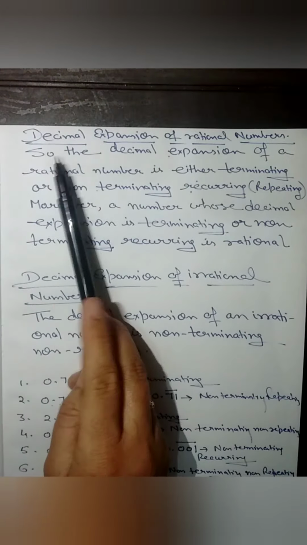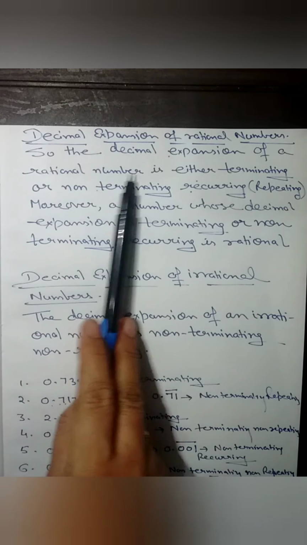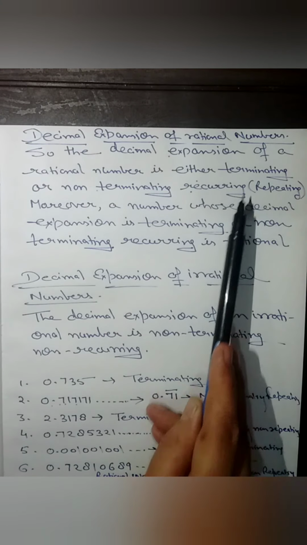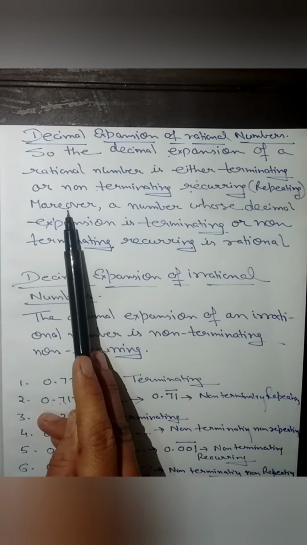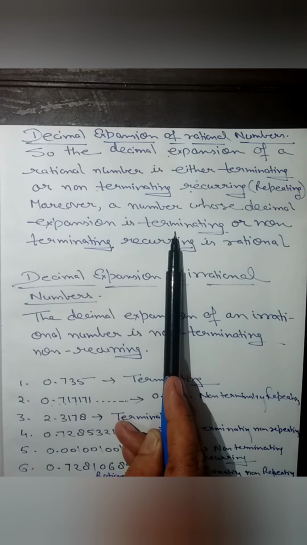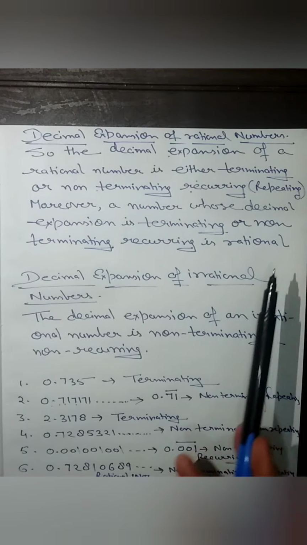The decimal expansion of a rational number is either terminating or non-terminating recurring. One more thing we can say, that a number whose decimal expansion is terminating or non-terminating recurring is rational. What does it mean?